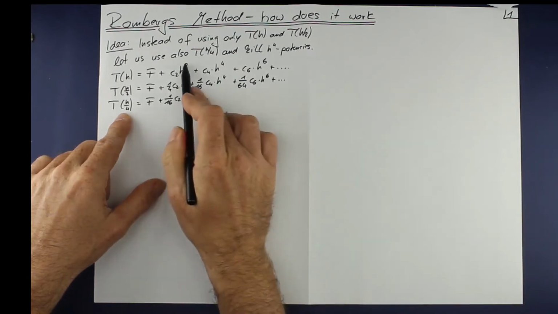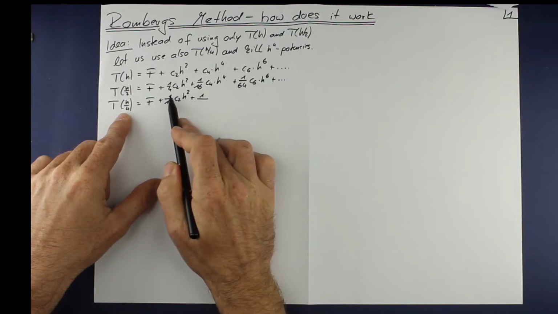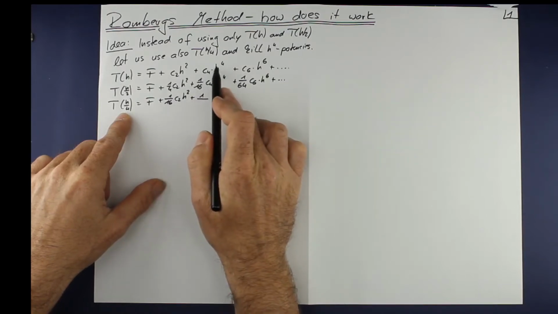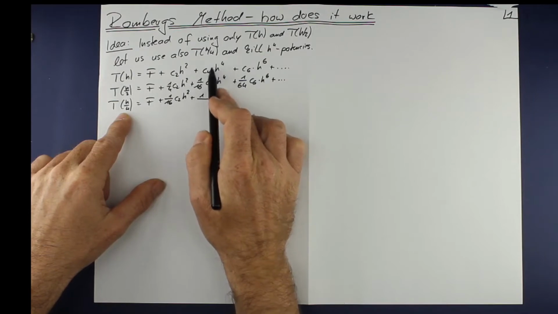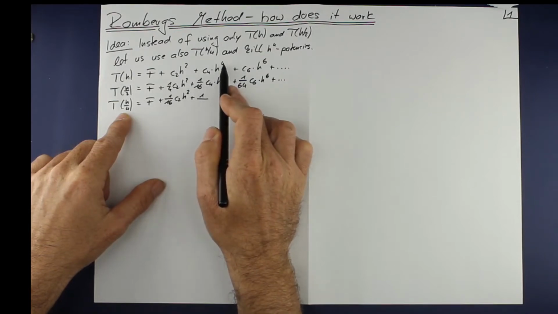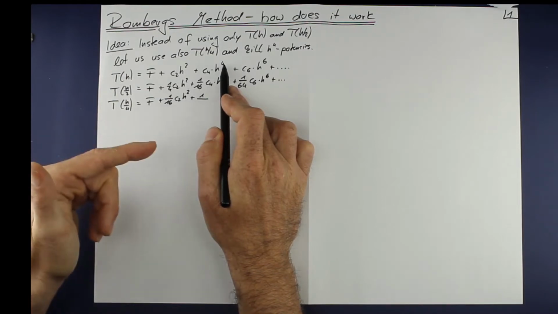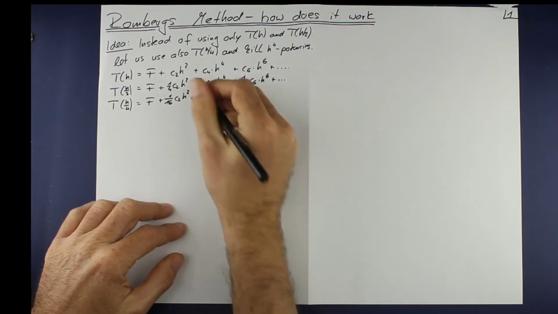A quarter squared is 1 divided by 16, and then C4 times h divided by 4 to the power of 4. We have 4 to the fourth power, which is 256.